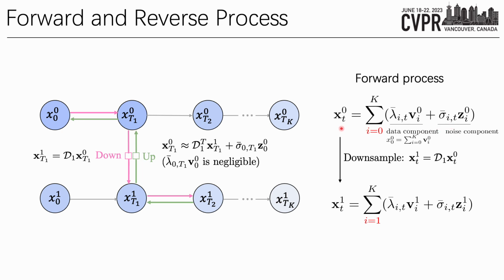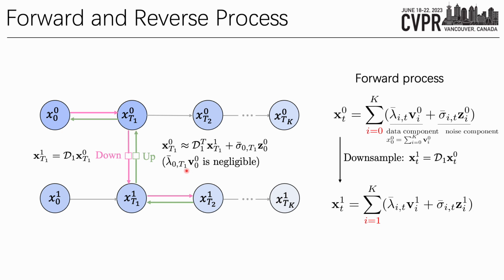With the definition of x_t^0, we can define the next ADP, x_t^1, for each time step t by a downsampling operator, d1. After applying d1, component with subscript 0 will be lost. If we concatenate x_t^0 and x_t^1 at time step T1, the information loss will be this term.